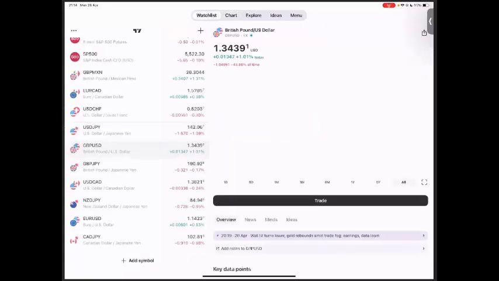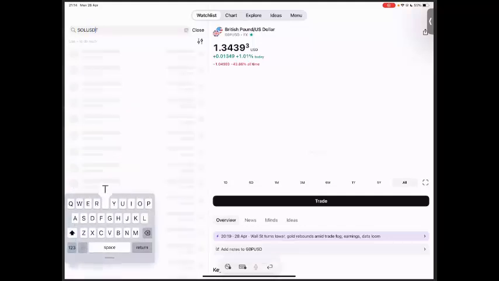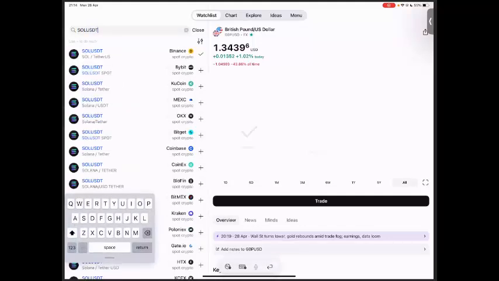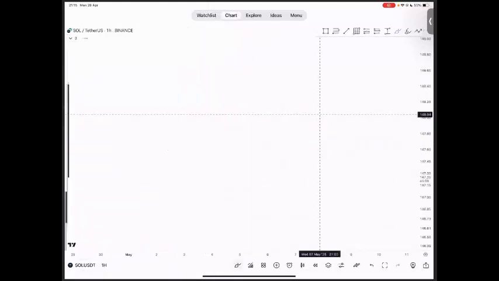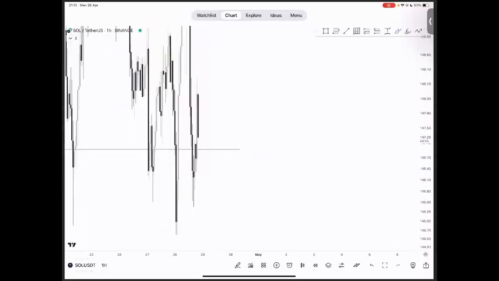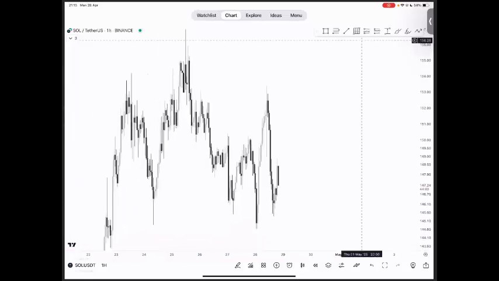Let me go to a pair like Solana. This is SOL USDT. Let's look at something like this now. If you look at what was happening on this Solana, this is our typical type B setup that played out here.